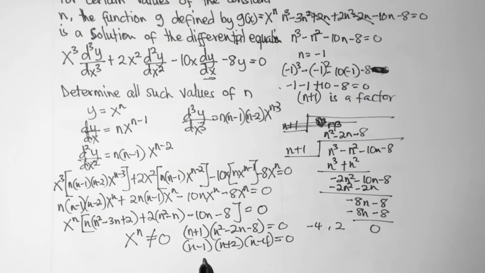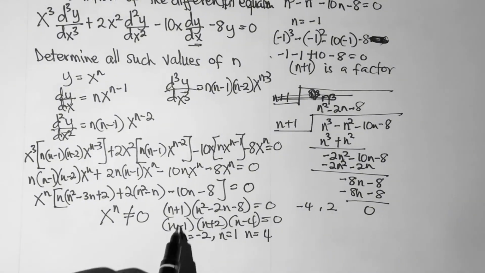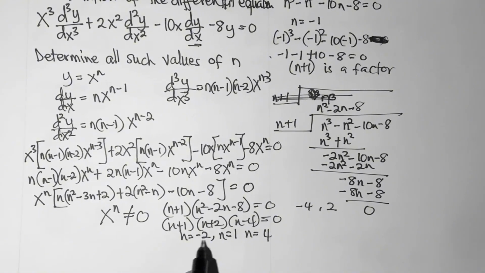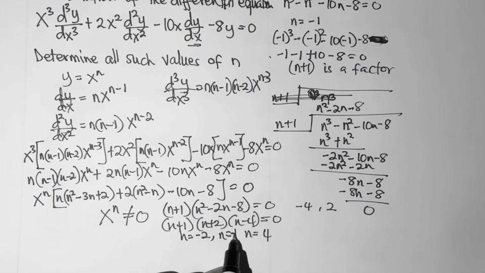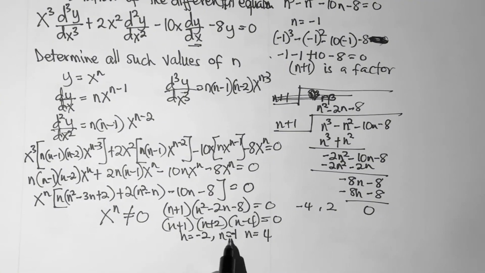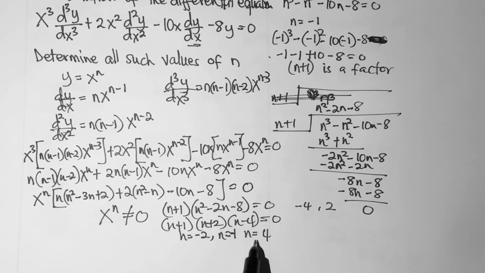So the values of n are n equals minus 2, n equals 1, and then n equals 4. Sorry, I made a mistake. Here's n plus 1, and therefore this is going to be n equals minus 1. So it is n equals minus 2, n equals minus 1, and n equals 4.